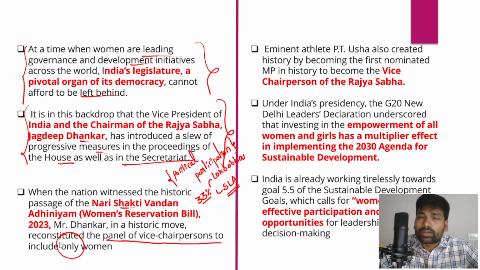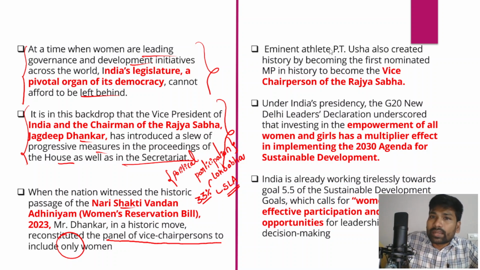So Jagdeep Dhankhar, Vice President and Chairman of Rajya Sabha, has decided to reconstitute the panel of Vice Chairpersons of Rajya Sabha, and this panel will comprise women only. That is in line with the greater involvement and active participation of women in the political activities or the proceedings of the Rajya Sabha.